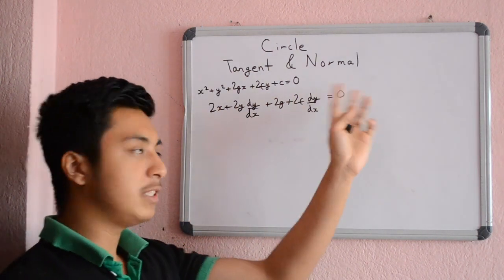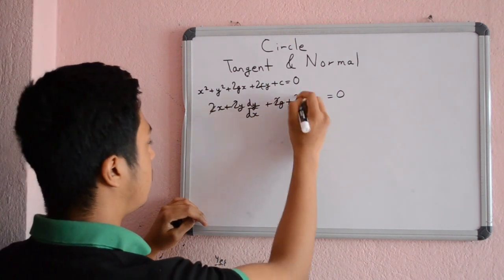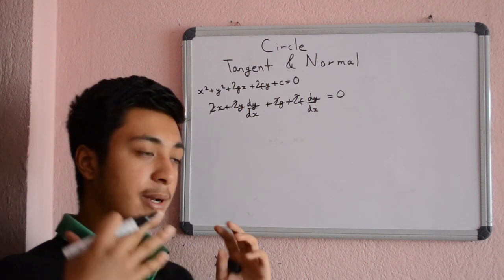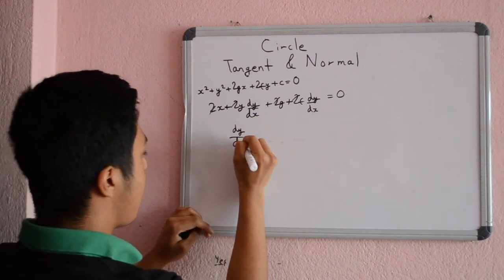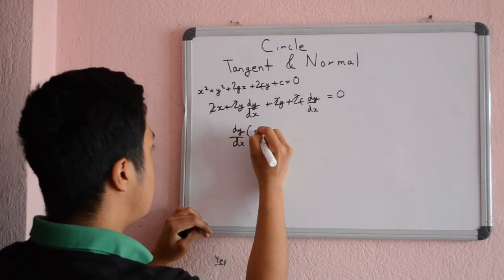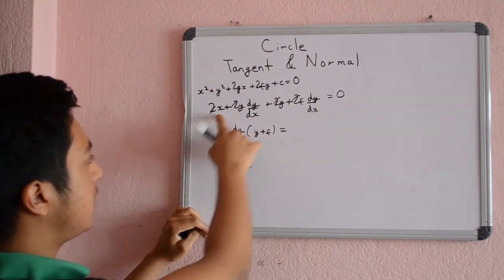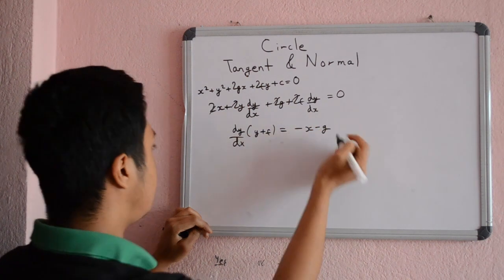I have 2 on all of these terms, so divide both sides by 2. These 2 will cancel, and I just want to isolate the dy by dx since that's what I'm trying to find. So I'll have dy by dx, and I can take some things common. So here I'll have y plus f is equal to, and move this and that to the right hand side. So I'll have minus x minus g.